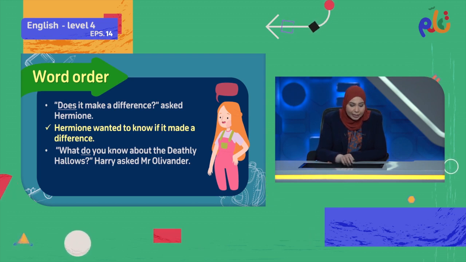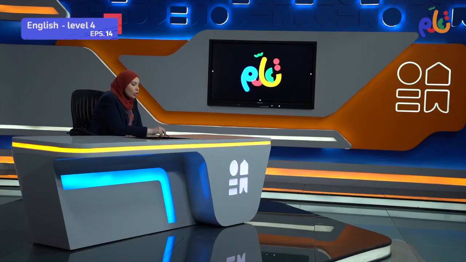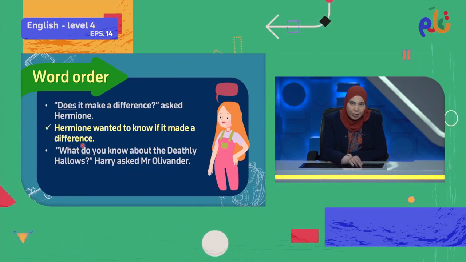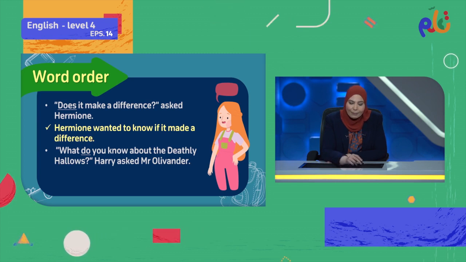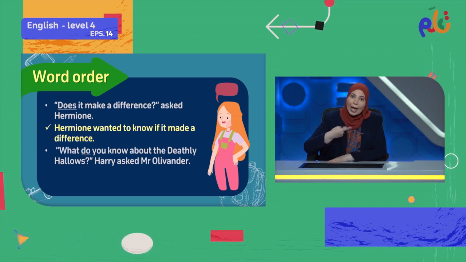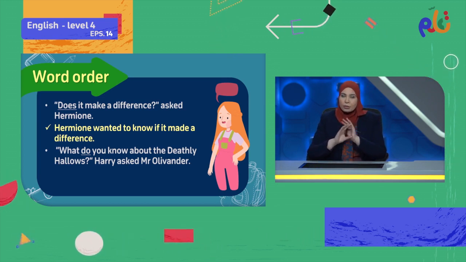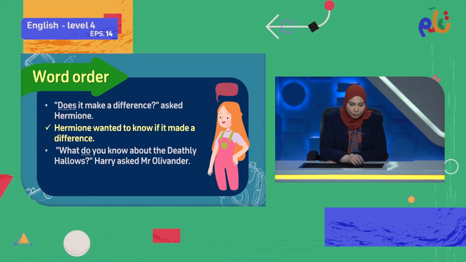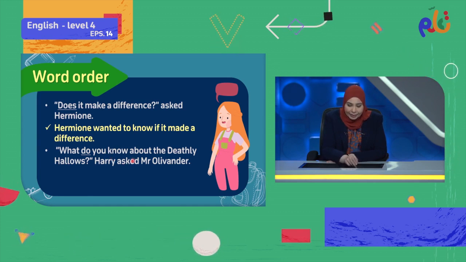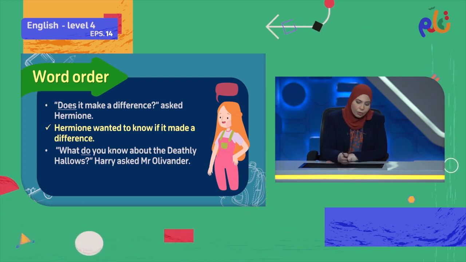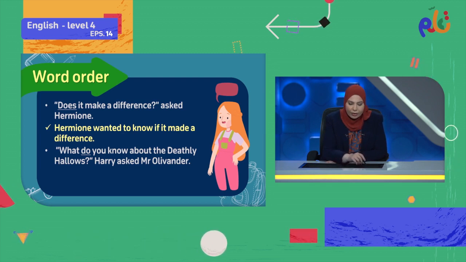Okay, let's see another example. What do you know about the Deathly Hallows? Harry asked Ollivander. So here we have a WH question, and then we have the helping verb which we're going to remove when we start reporting. Are we going to add anything to join the two statements? No, because I'm going to join the statements by what? So Harry asked, or Harry wondered, Harry wanted to know, so we can use Harry asked, the same that we have in the sentence.